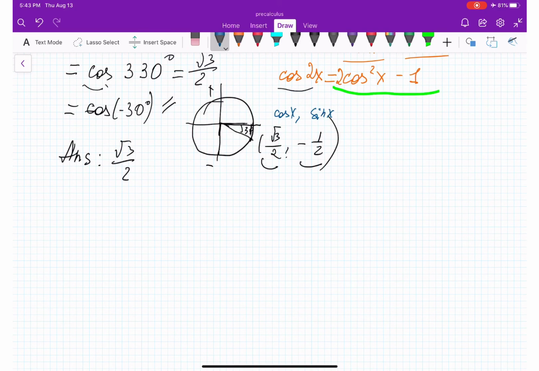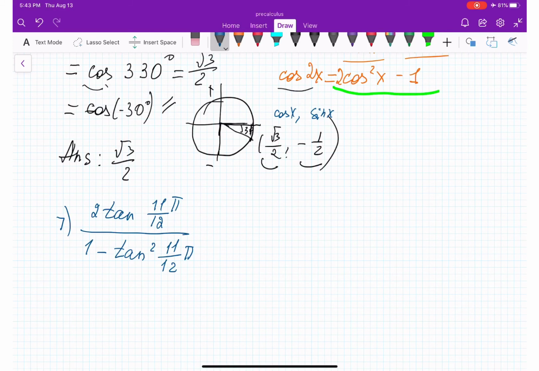Number 7. So 2 tangent 11 over 12 pi over 1 minus tangent squared 11 over 12 pi.